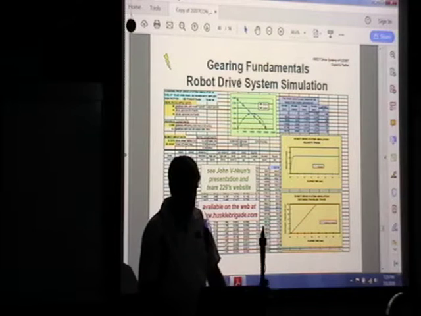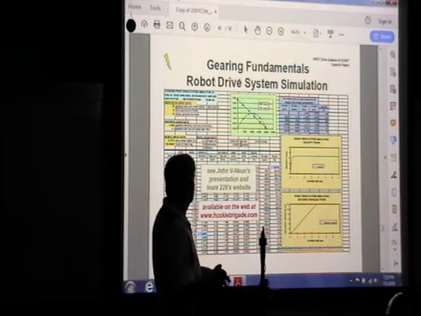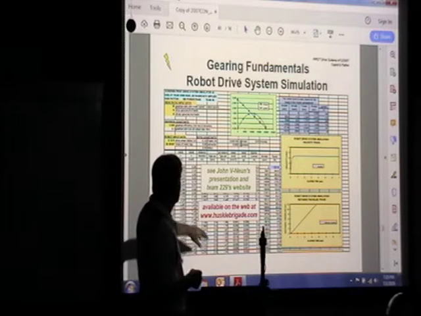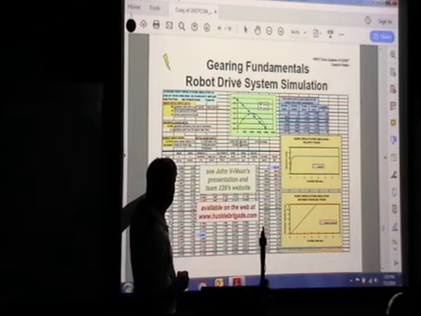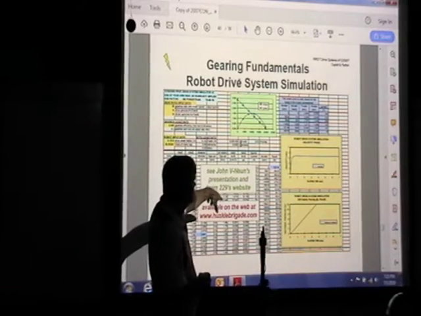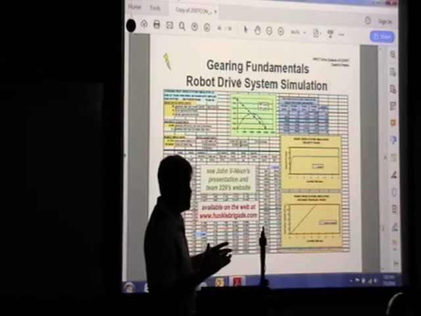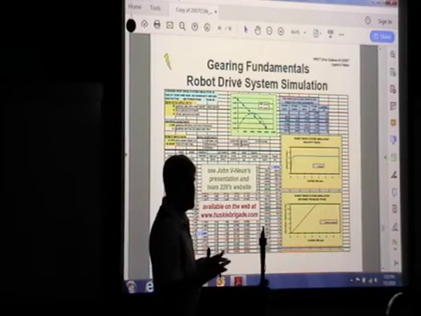And then, somebody went through and actually developed a simulation based on those numbers. And what they did is take a time variable every 0.05 seconds, and they calculate all that out dynamically to try to predict how that motor's going to go, or how that system is going to react.